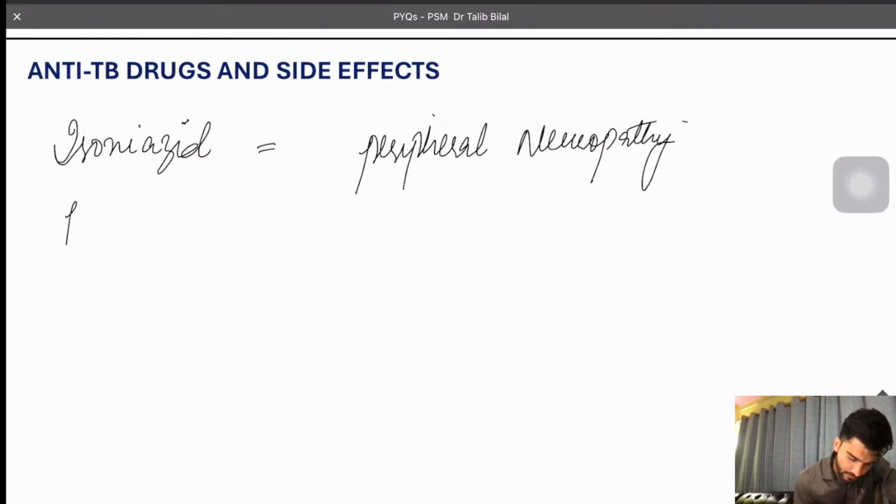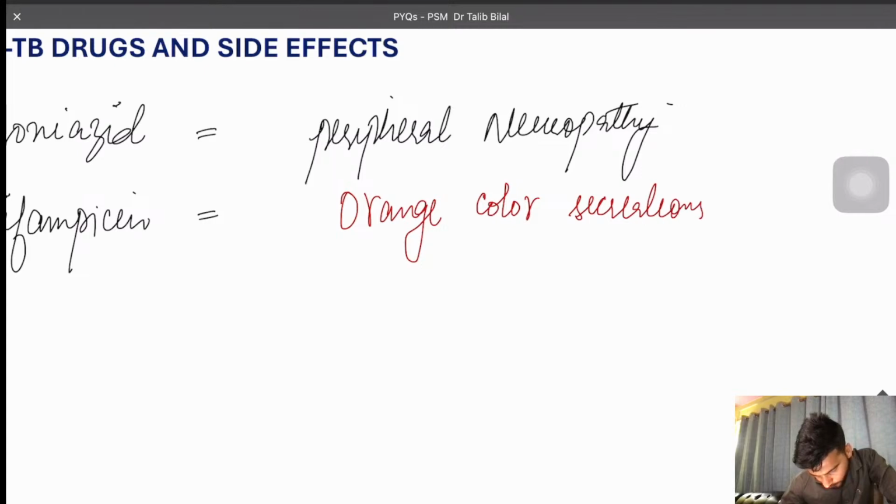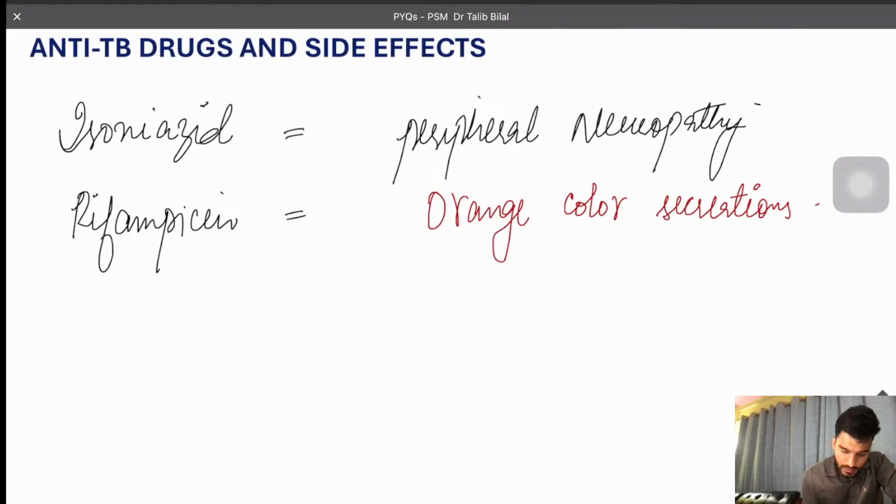If I talk about the second one, rifampicin has a side effect of orange color secretions. If I talk about the third drug, pyrazinamide, anti-TB drugs are very important.